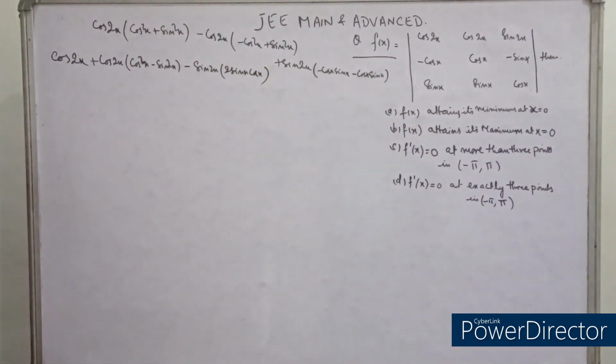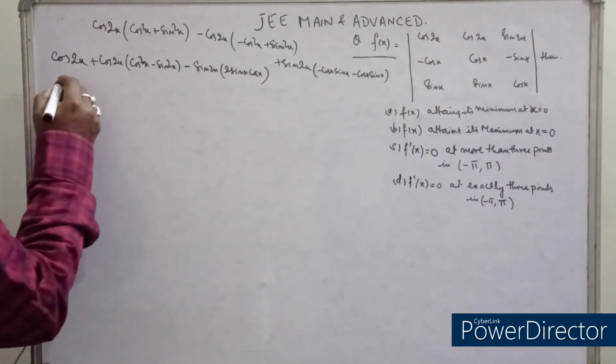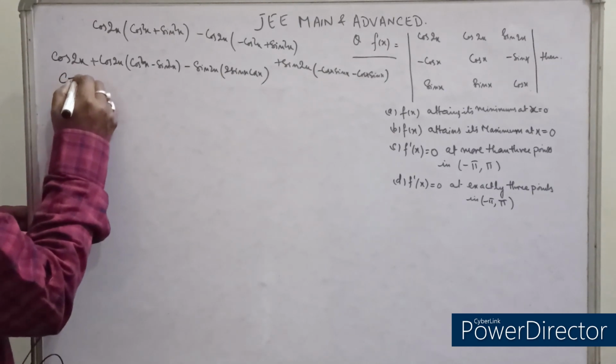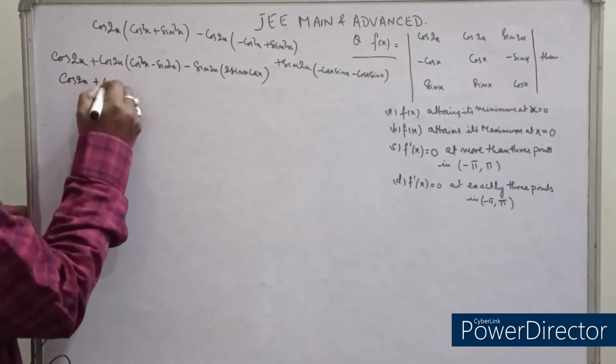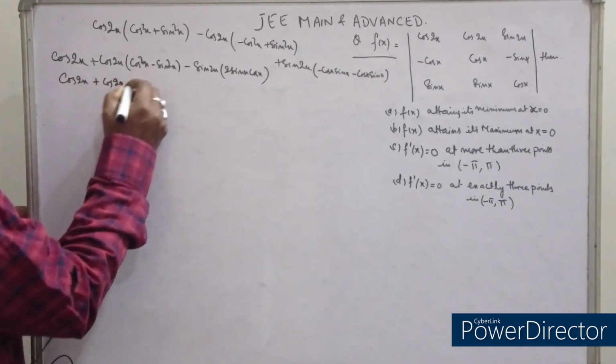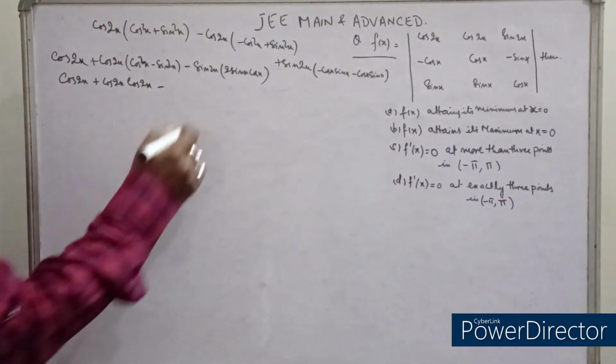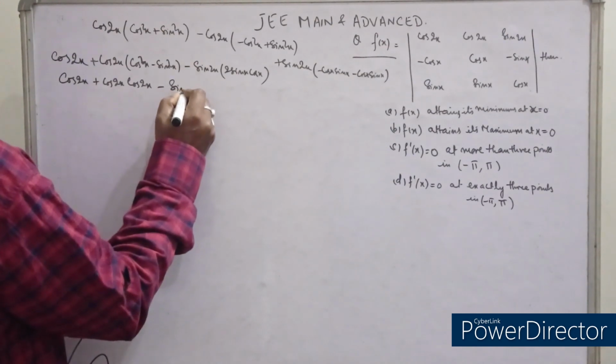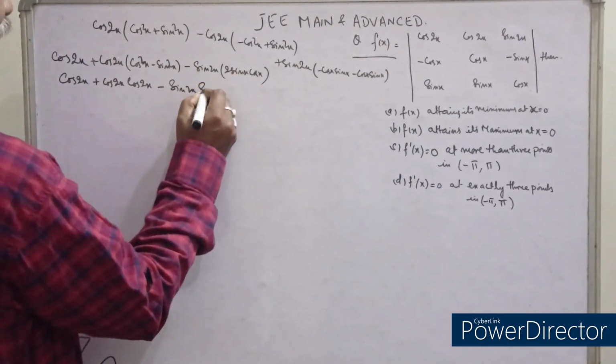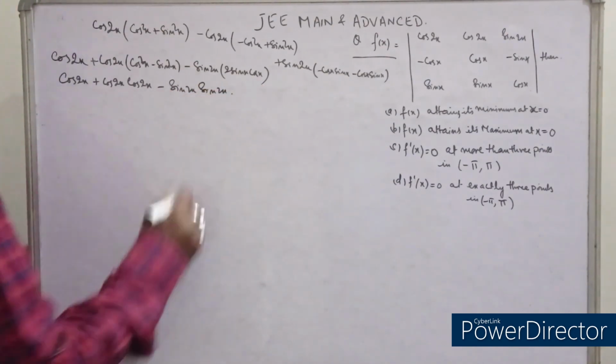So here you see that this is cos 2x plus cos 2x, and this is sin 2x.